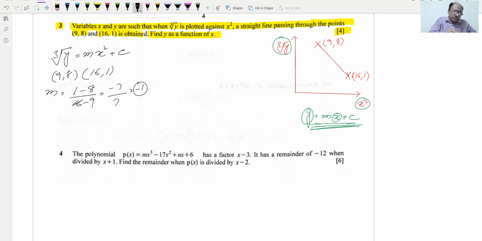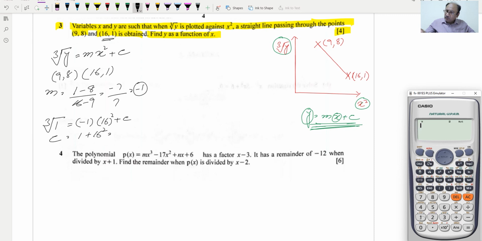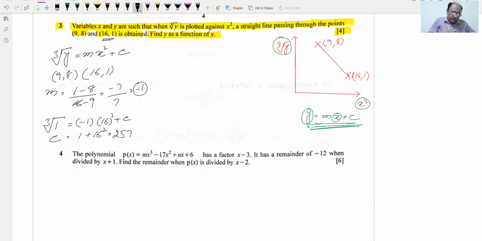I'm taking the second point. So cube root of y, whose value is 1, is equal to m, which is minus 1, into x square, which is 16, plus c. So c will be equal to 1 plus 16, which is equal to 17.